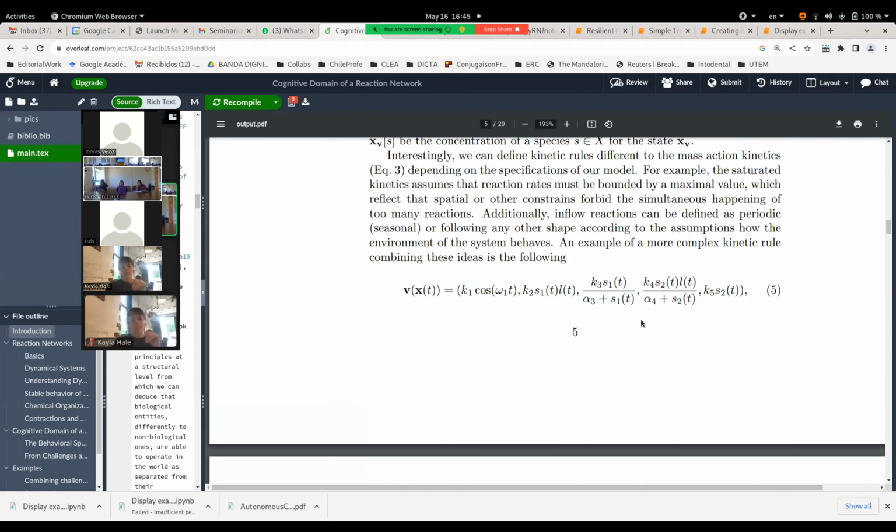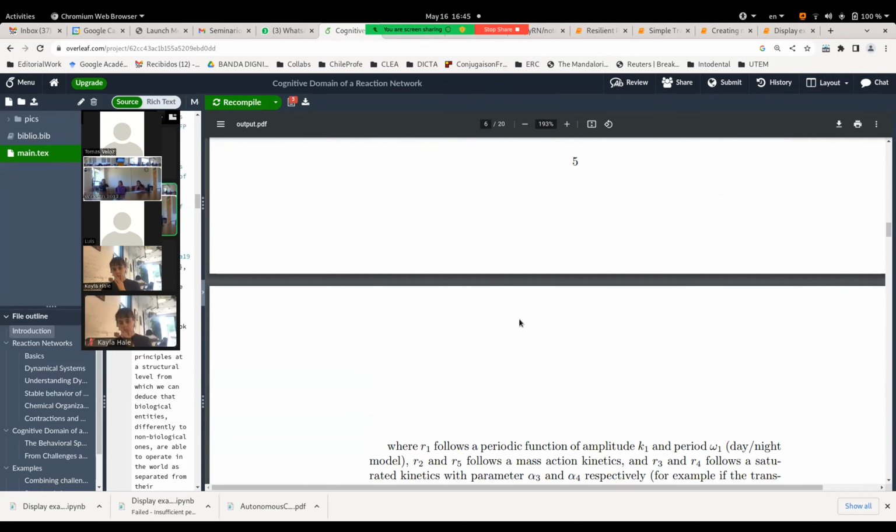This is the Michaelis-Menten, the saturated kinetics, and so on. So we can even mix kinetics depending on the properties of the reactions we are modeling. And that makes the differential equations extremely complicated, very hard to solve analytically, and so on.